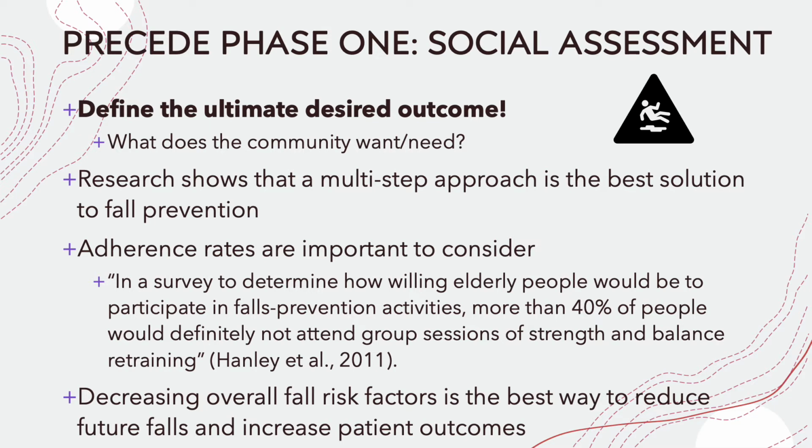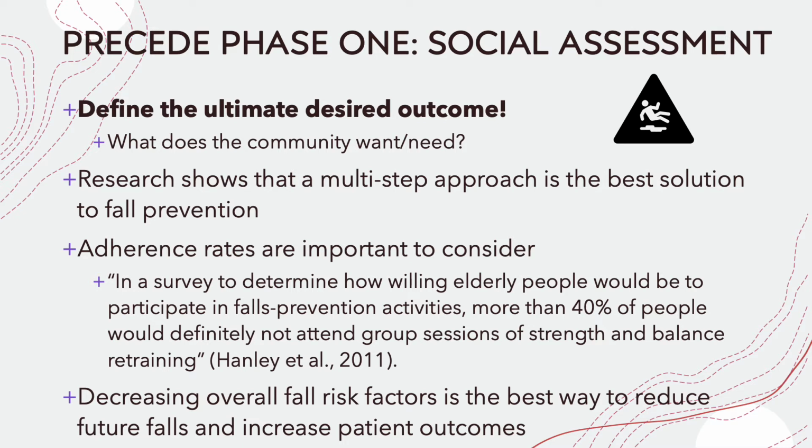Peer-delivered education may be better, but overall it does not improve it by much. So the goal would be having to combine education with other factors such as medication review, occupational and physical therapy exercises, and then use of fall prediction tools all together to help in fall reductions.